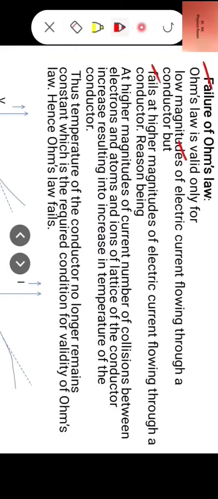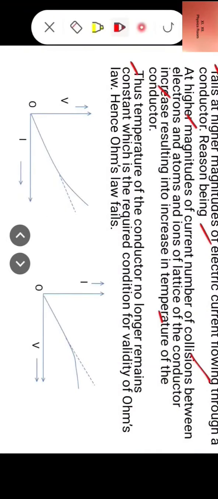Reason being, at higher magnitudes of current, number of collisions between electrons and atoms and ions of lattice of the conductor increase, resulting into increase in temperature of the conductor. Thus, temperature of the conductor no longer remains constant, which is the required condition for validity of Ohm's law. Hence, Ohm's law fails at higher magnitudes.